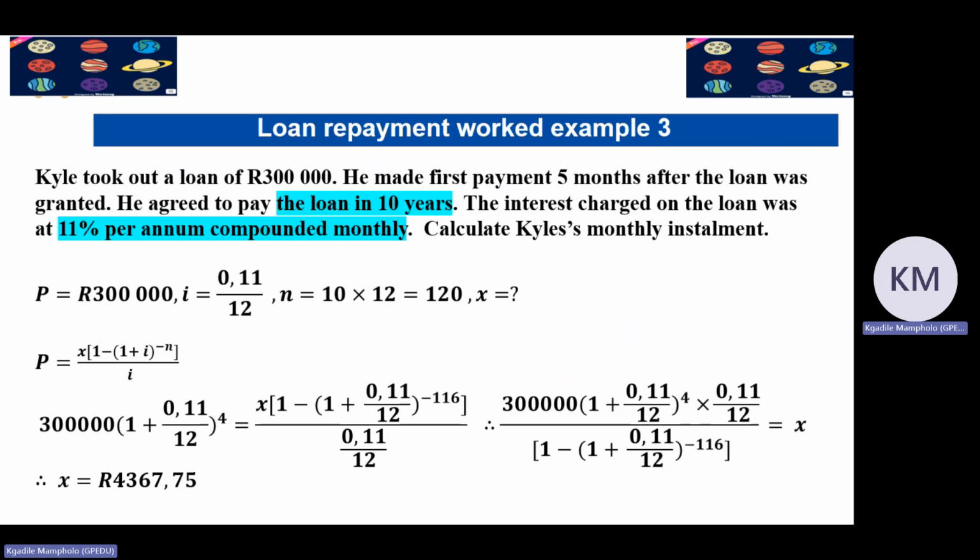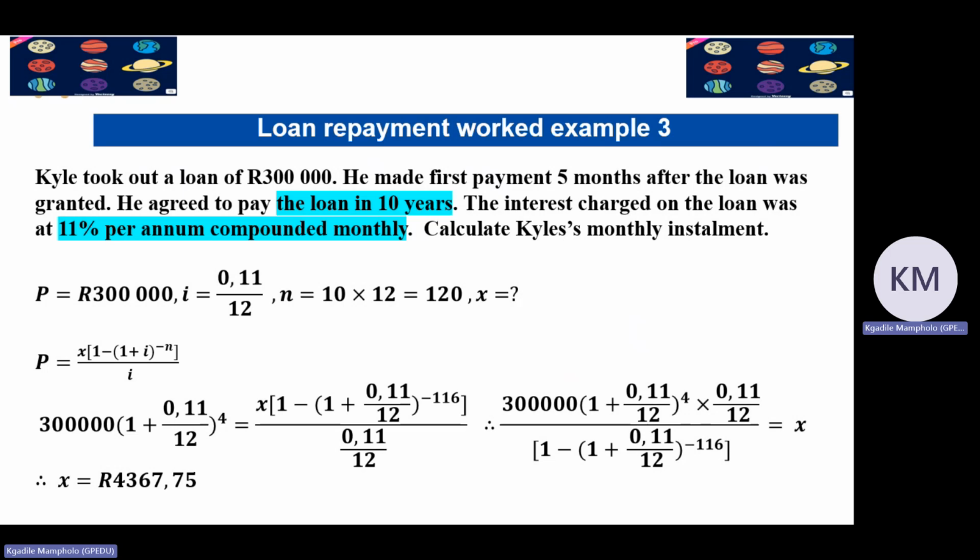Then your P in this case will not necessarily be 300,000. It means when Kyle makes his first payment, you'll be owing. Remember, first payment will be made 5 months after the loan was granted. It means Kyle will be owing 300,000 plus the interest of the first 4 months because he made first payment 5 months after the loan was granted.